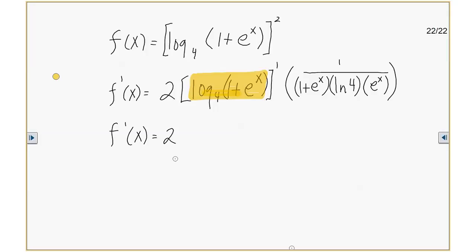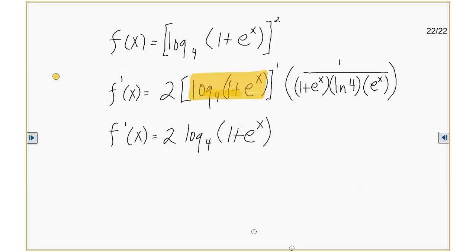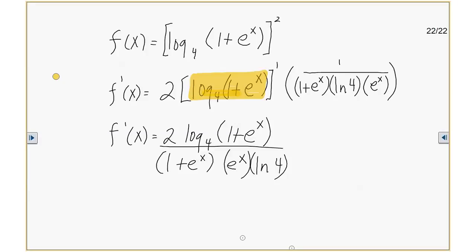All right, what do we got? All this is going to be put over what? This, pretty much. So 2 log base 4. We're staying until the last minute today for those who are wondering. Over 1 plus e to the x times e to the x natural log of 4, and you can write that in different ways, and that's pretty much it.